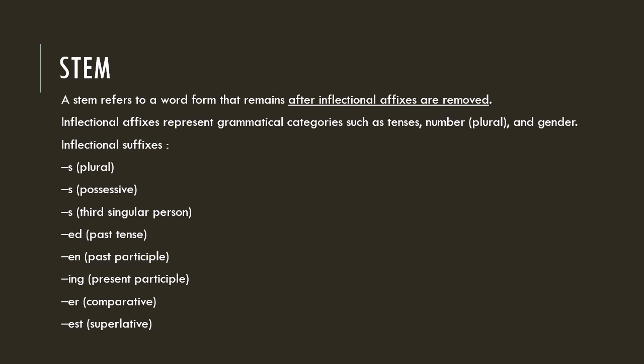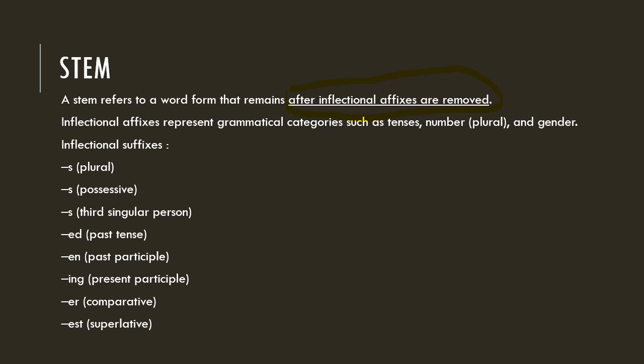But when we are talking about stem, we are dealing with removing the inflectional affixes. Okay, menghilangkan affix inflectional. What is meant by inflectional affixes? Those are kinds of affixes that don't change the meaning of the word, and also they don't change the part of speech.